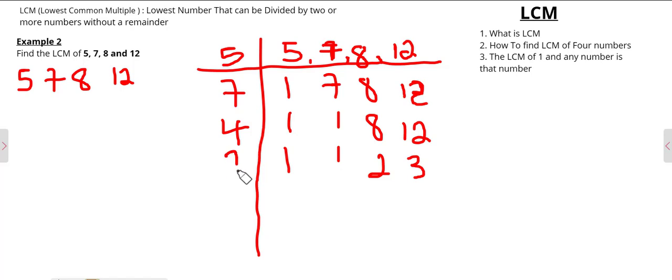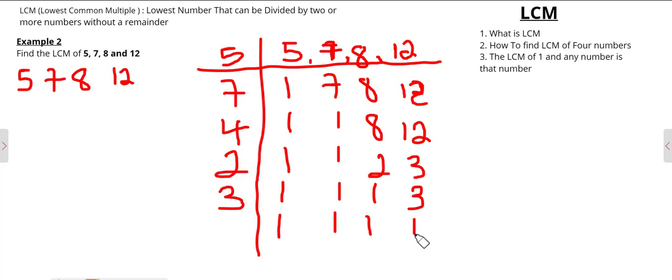So if we have 2 here, here will be 1, and 2 divided by 2 will give us 1. 2 can't divide 3 without a remainder, so we have 3 here. So next is to divide 3. So here will be 1, 1, 1, and 3 divided by 3 is going to give us 1.